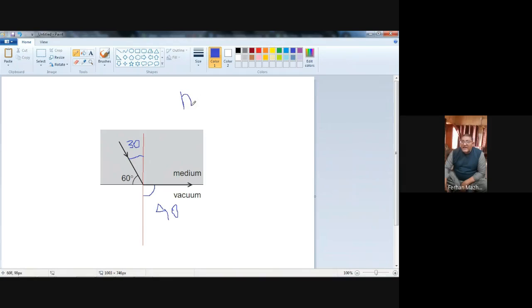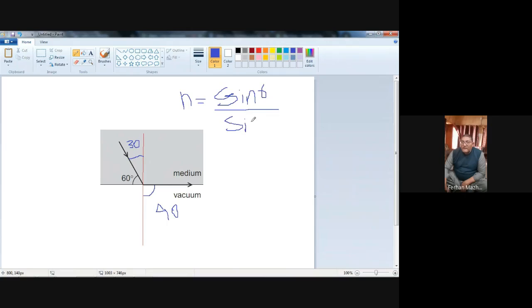The formula is n equals sine r divided by sine i.